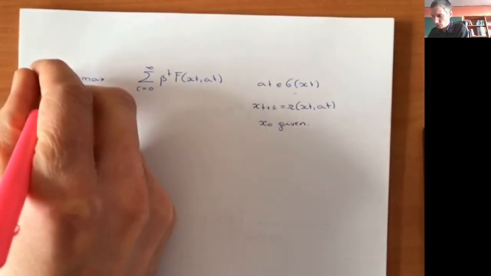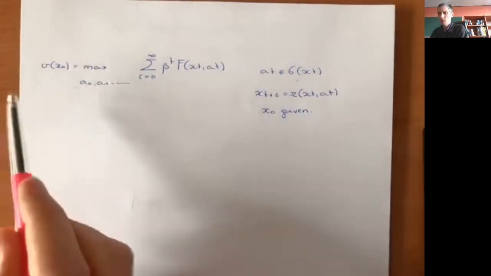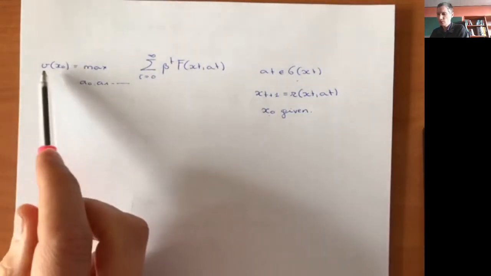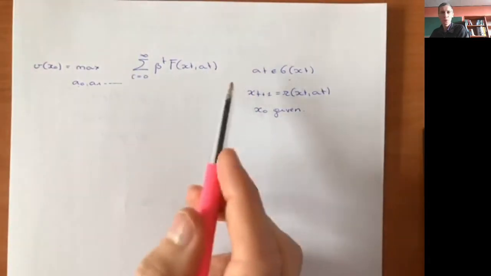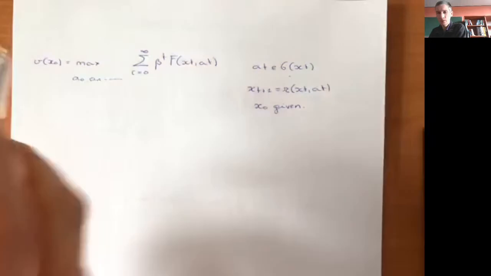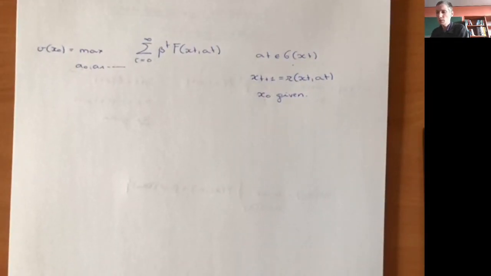So we could write this as a function v of x0. Now, in order to find this number, v of x0, we can either try to solve this problem, but here we will show that it's actually possible to find this value by solving an auxiliary problem, which is going to be the Bellman equation.